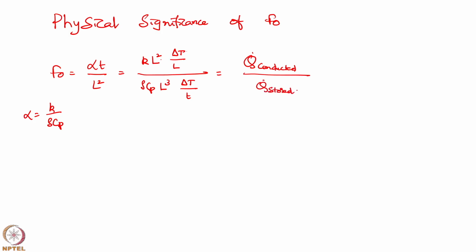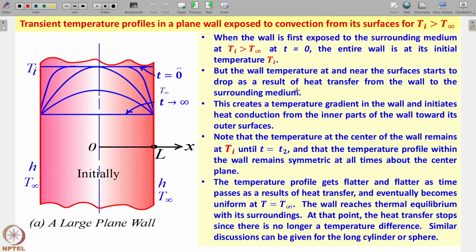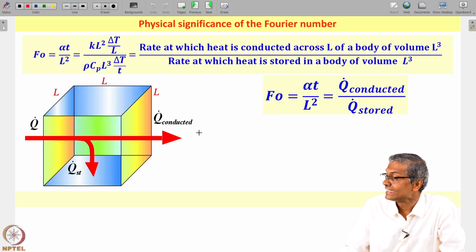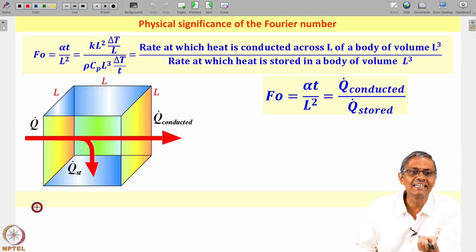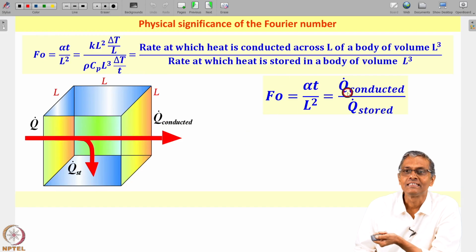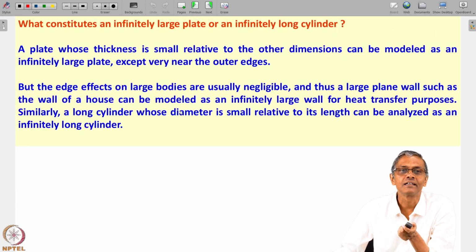If you were to show this in the form of a figure, you can see how much of the heat you are giving is actually getting stored within the body compared to how much is getting conducted. If the Fourier number is very high, it means q conducted is more than what is stored, and if the Fourier number is low, it means it is storing more compared to q conducted. That is the physical significance of the Fourier number.